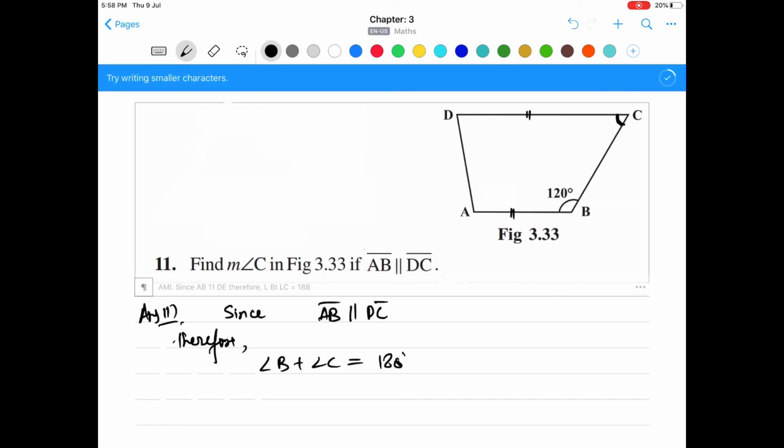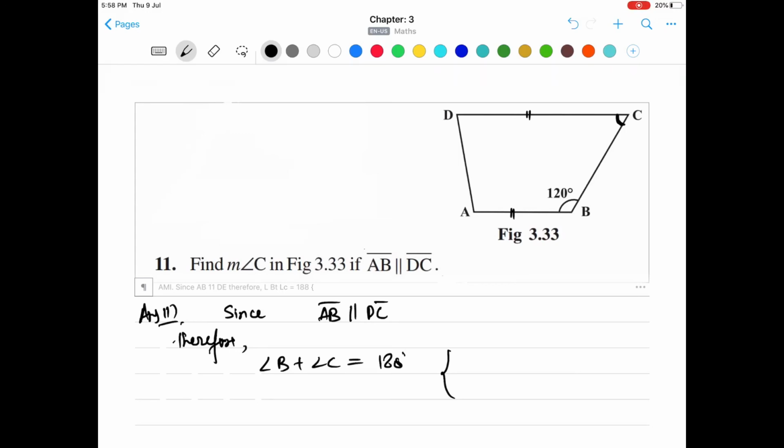The reason for this is the sum of adjacent angles of a trapezium is 180 degrees. It's not given as a trapezium, so we'll write parallelogram: angles of a parallelogram are supplementary.